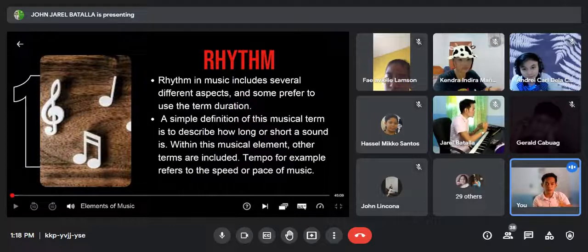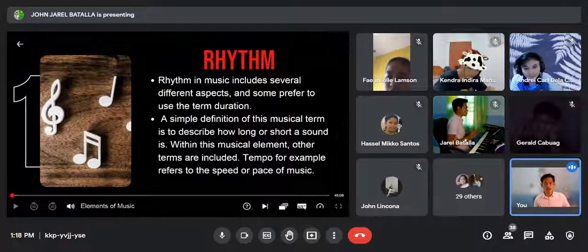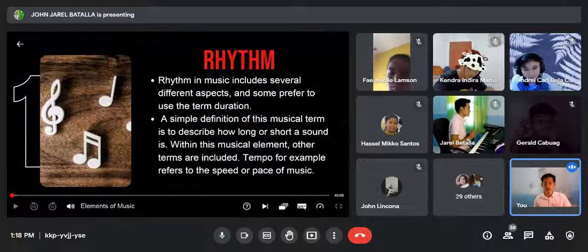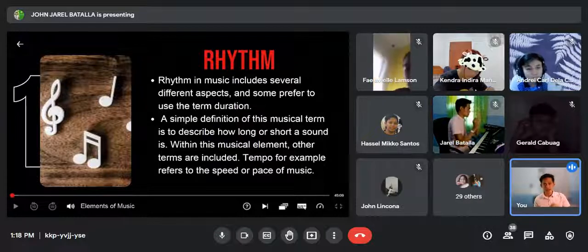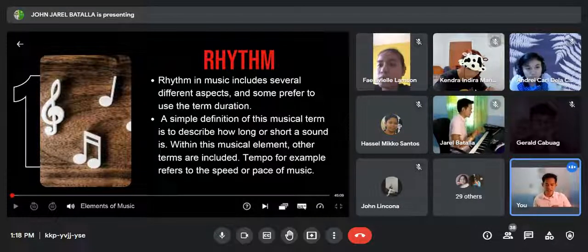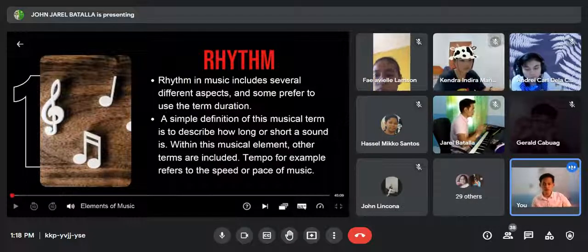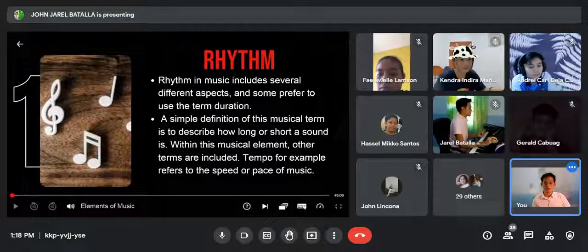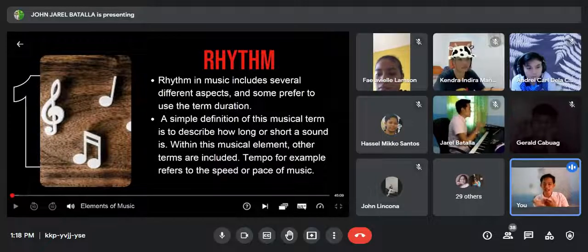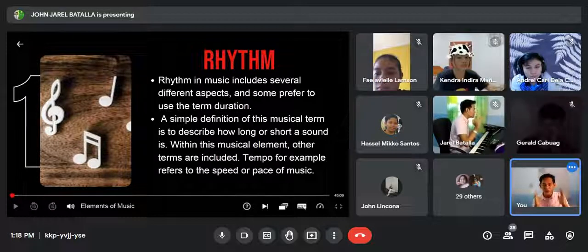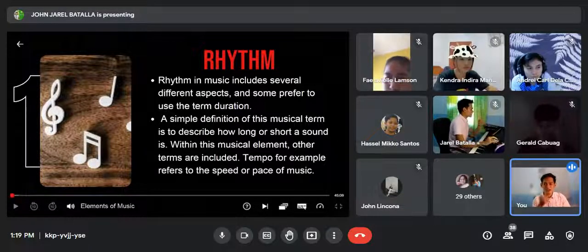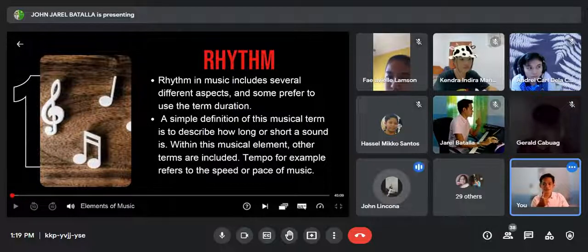Let's say the time signature of a specific song is 3/4. So the beats per measure is only 3. It is like counting 1, 2, 3, 1, 2, 3. So that's the rhythm. Again, the rhythm is the repeated pattern per measure. Is that clear, class?